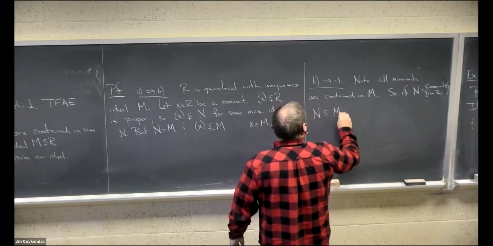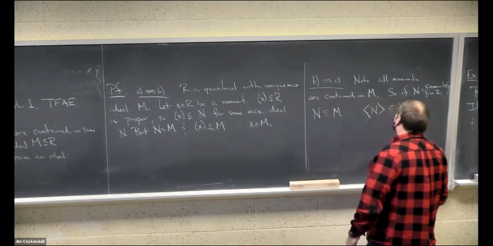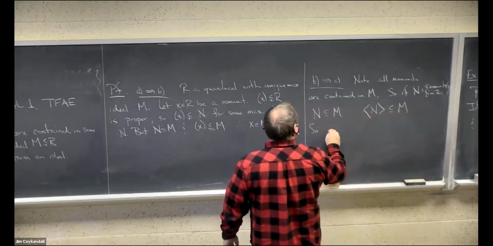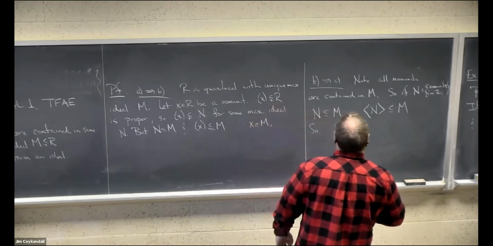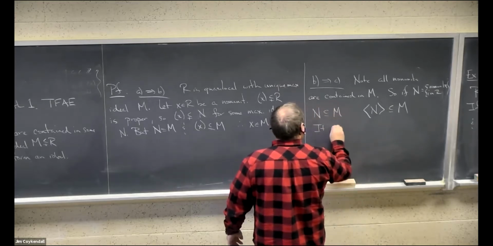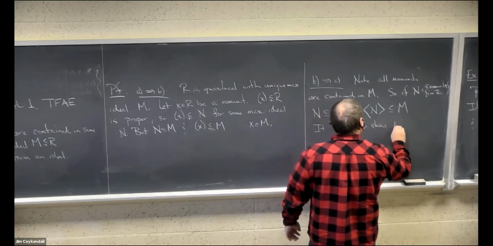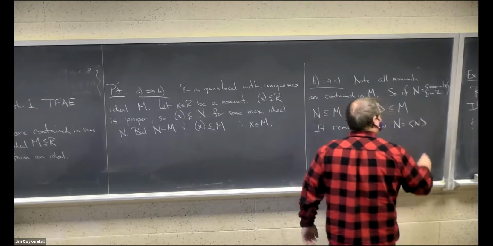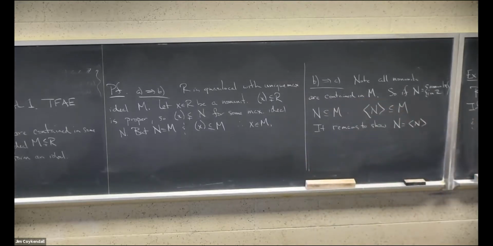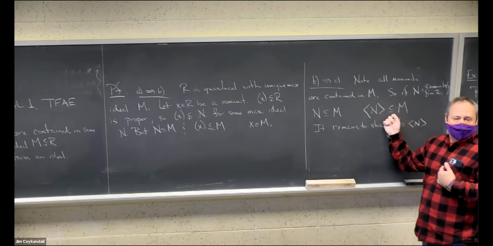Then N is a subset of M, therefore the ideal generated by N is contained in the maximal ideal M. So it remains to show the ideal generated by N equals N. What I know so far is that the set of non-units generates an ideal, which is necessarily contained in this maximal ideal.